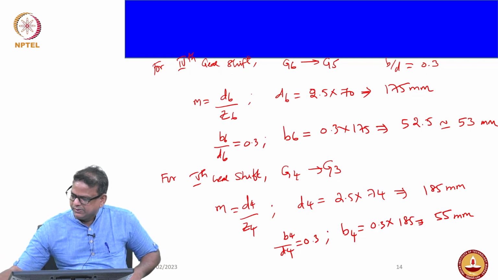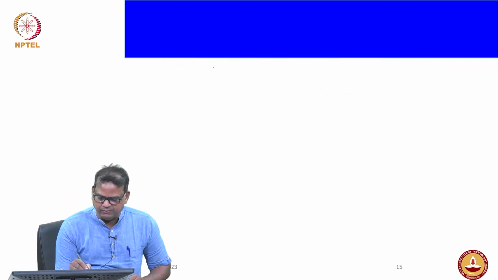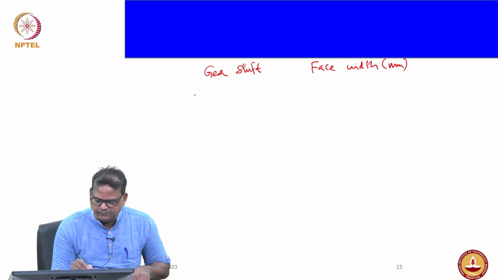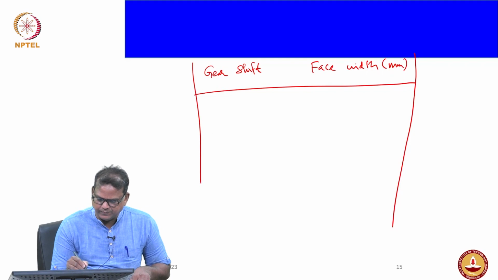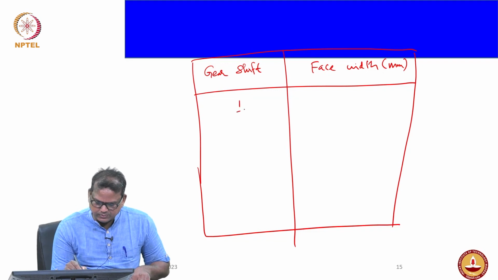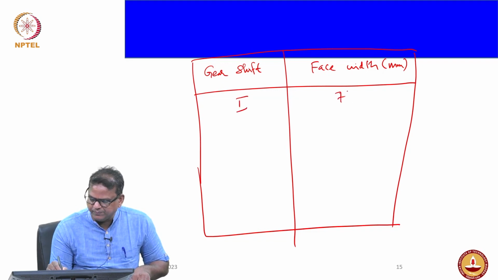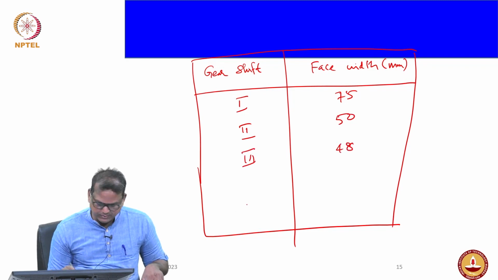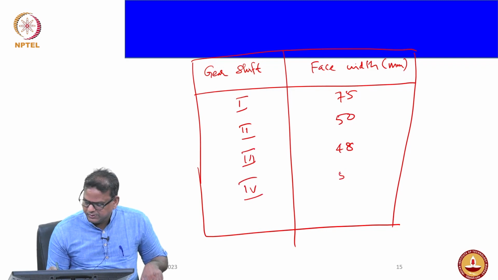We can tabulate the face widths, in millimeters: gear shift 1 gives 75 mm, 2 gives 50 mm, 3 gives 48, 4 gives 53, and 5 gives 55.